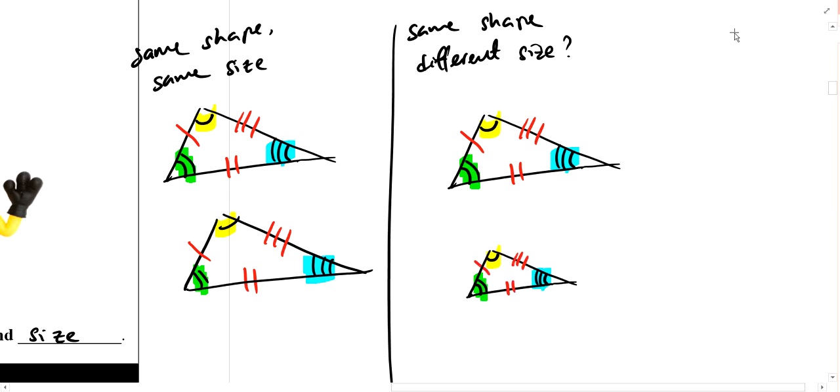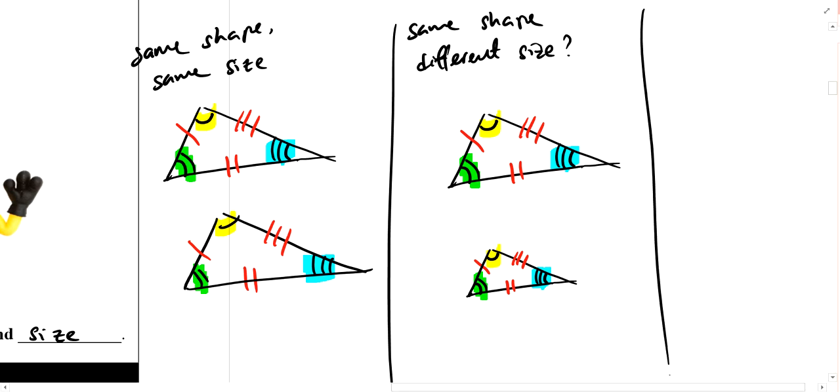Now these two triangles on the right, do they have the same shape? When I say same shape, I'm referring to the angles. Are the angles still the same, right? Do they have the same size? No. So it is possible for us to have triangles of same shape but different size. In this case, this will be called congruent triangles.